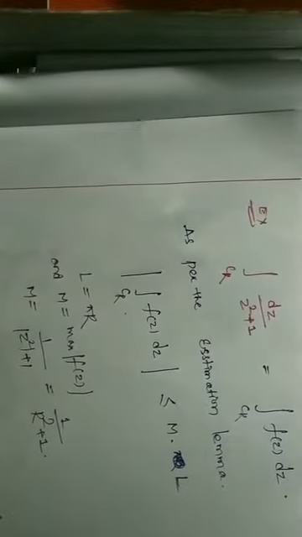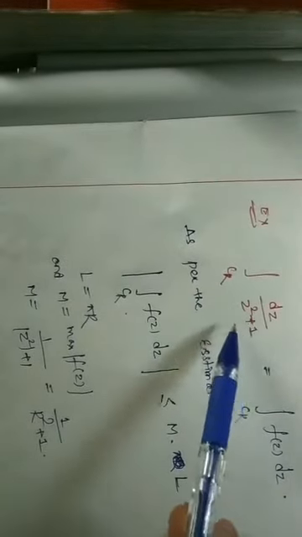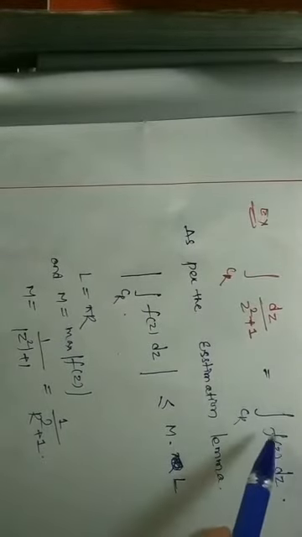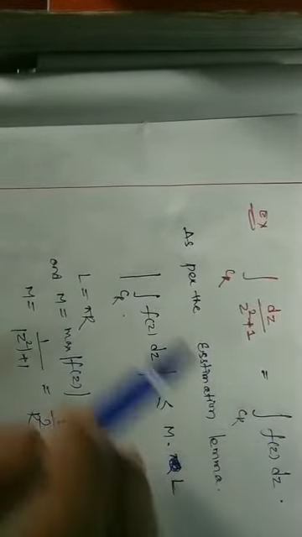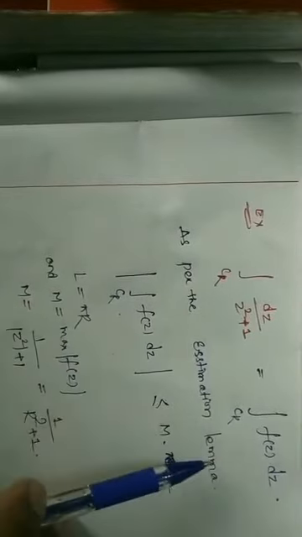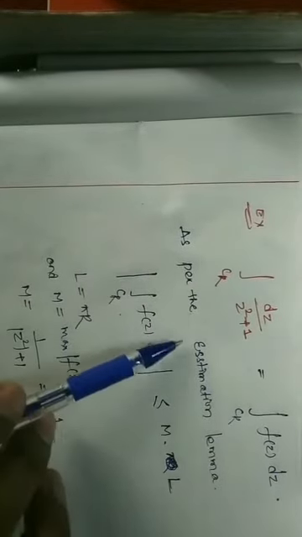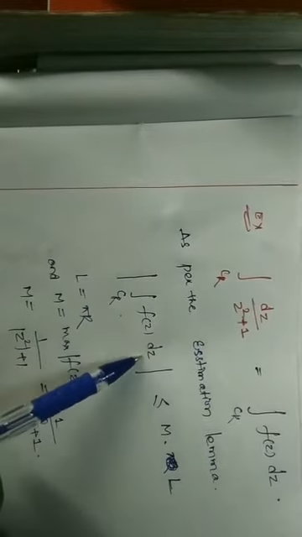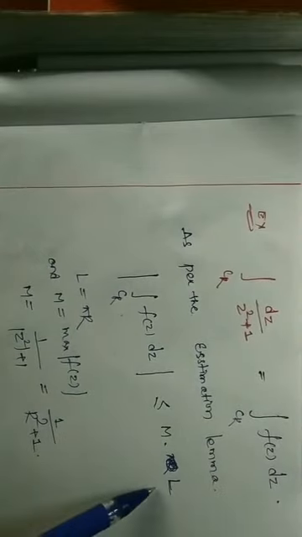See how it is. The integral of dz by z square plus 1 over C_R is the integral over C_R of f(z) dz. As per the estimation lemma, the modulus of the integral over C_R of f(z) dz is less than or equal to M into L, where L is the length of the arc.